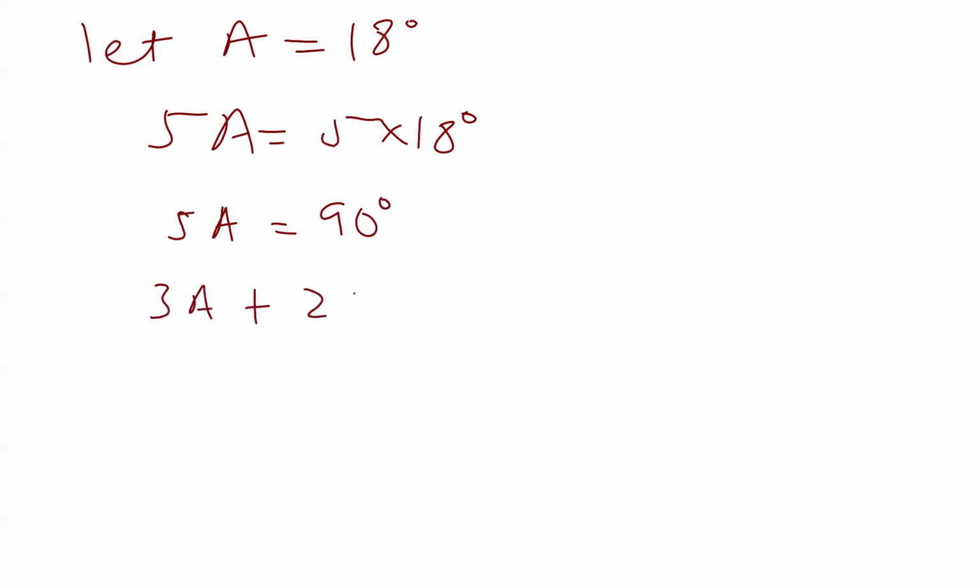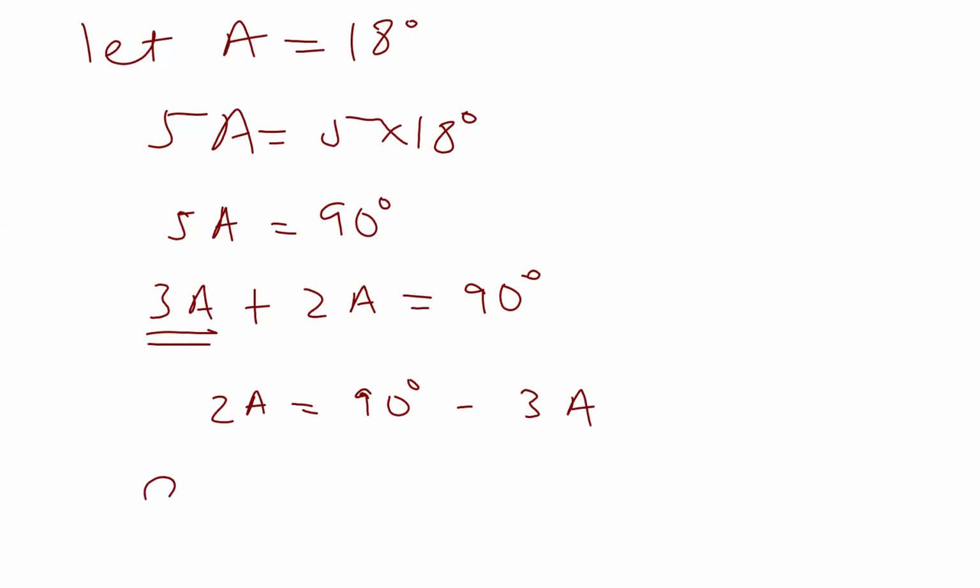5A is 3A plus 2A. Take the bigger angle on the right hand side: 2A is equal to 90 minus 3A. Now take sine on both the sides. Sine 2A is equal to sine of 90 minus 3A.